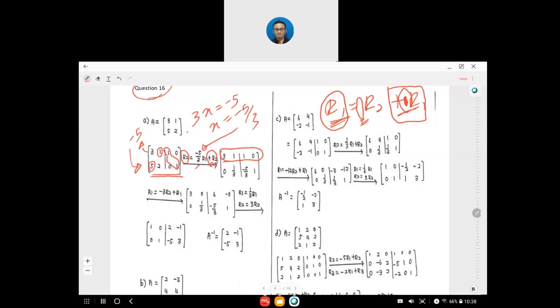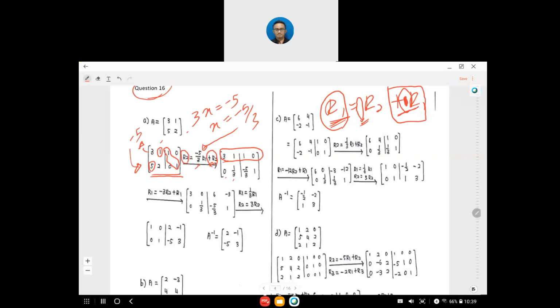Okay, and then you darab lah. Negative 5/3 times by 3, so you can get negative 5. Negative 5 plus 5, of course 0 lah. Next, negative 5/3 times by 1, negative 5 over 3, plus 2 equal to 1 over 3. Tekan je calculator.